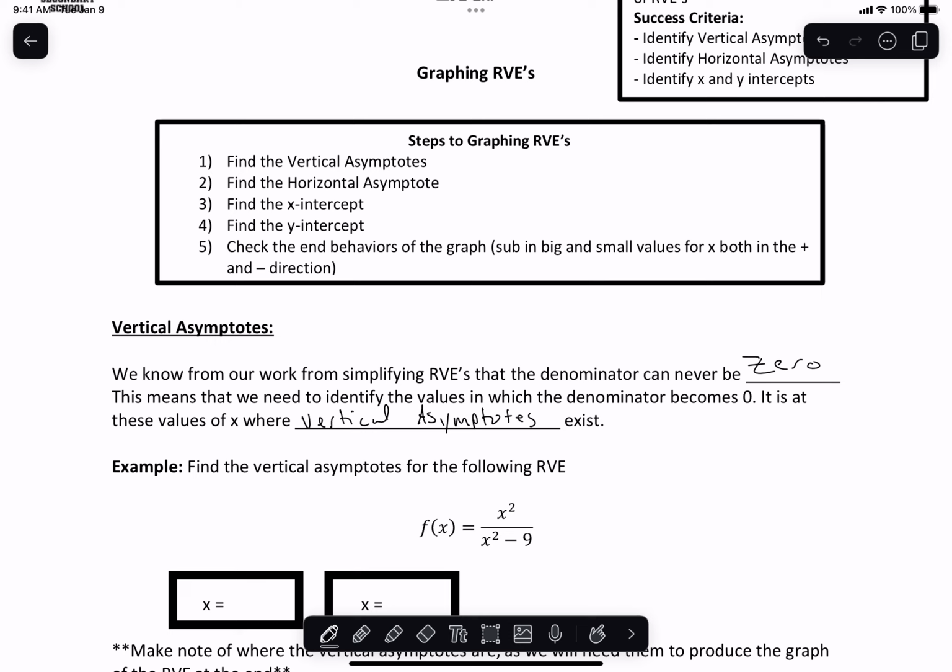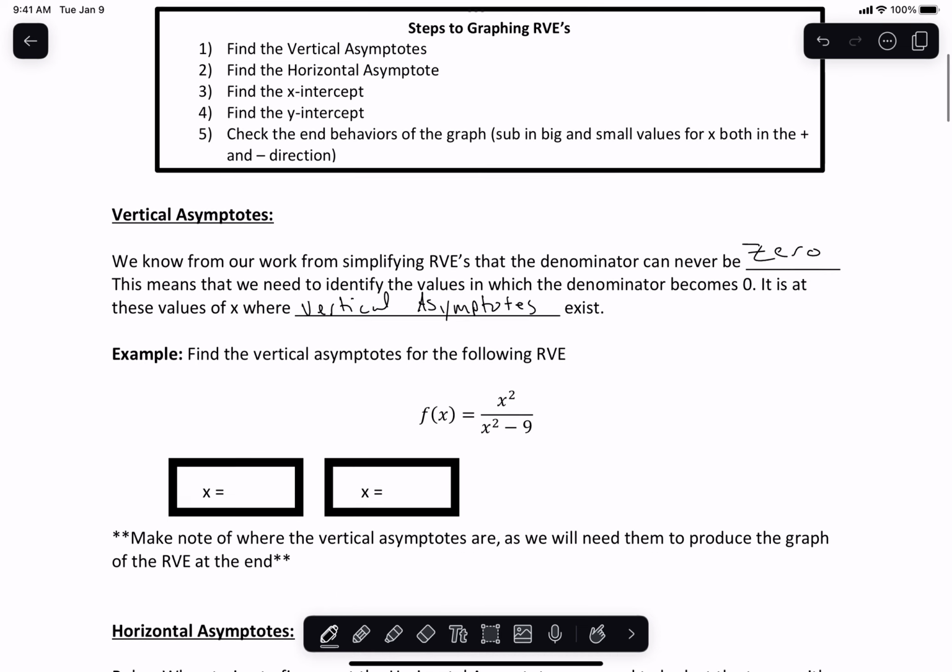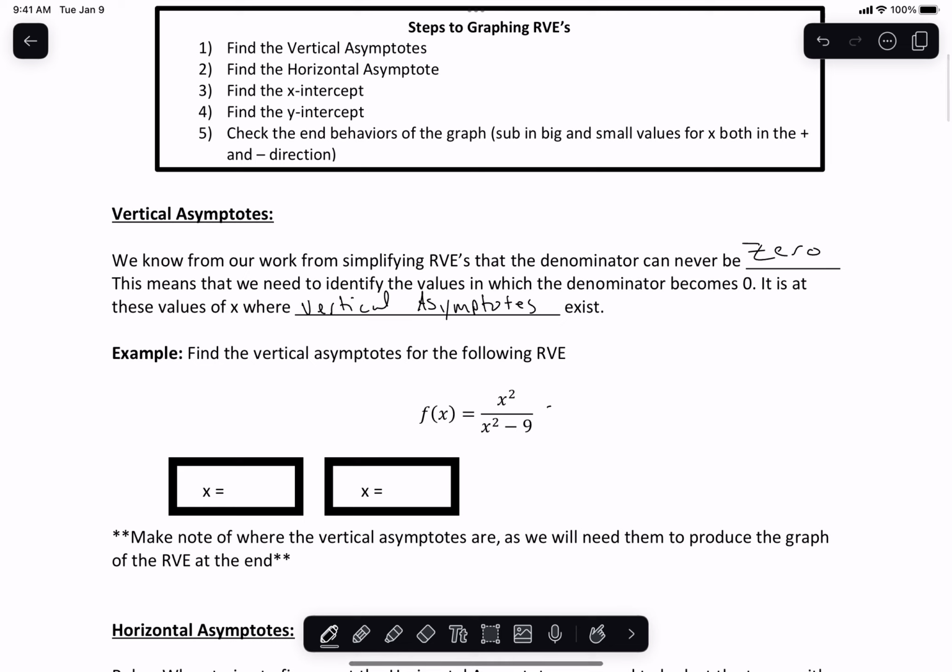Both of them are restrictions. I suppose maybe we could put on that line restrictions and not just vertical asymptotes. So for instance, if we take a look at this example, relatively straightforward, hopefully.